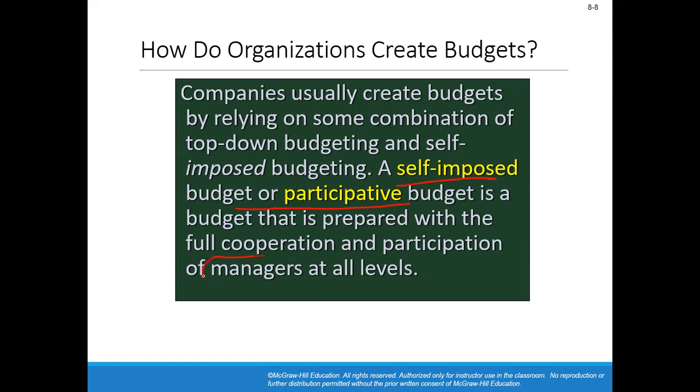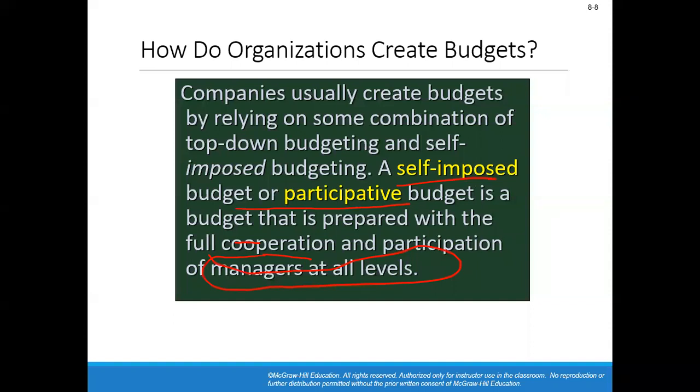The organization asks managers from all levels how much expense, production, or sales they are expecting will be required for this period of time. So in that case, you are seeking opinion from all levels of managers. That is the idea of a self-imposed or participative budget.